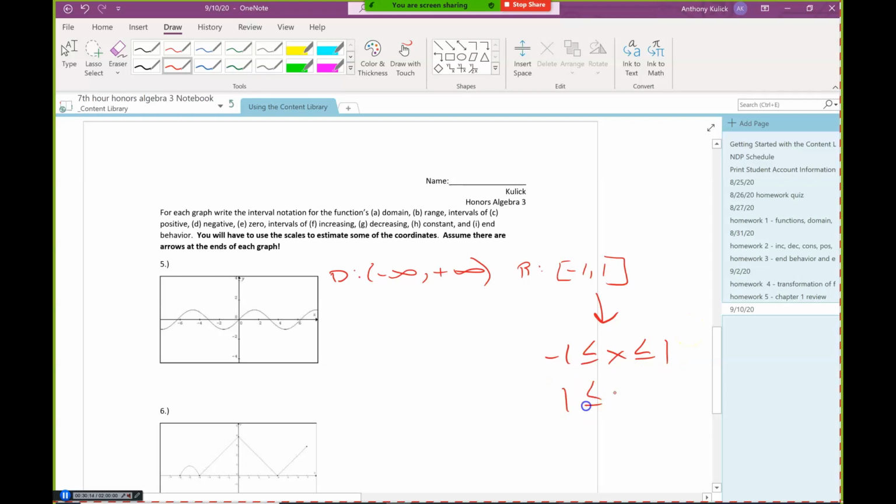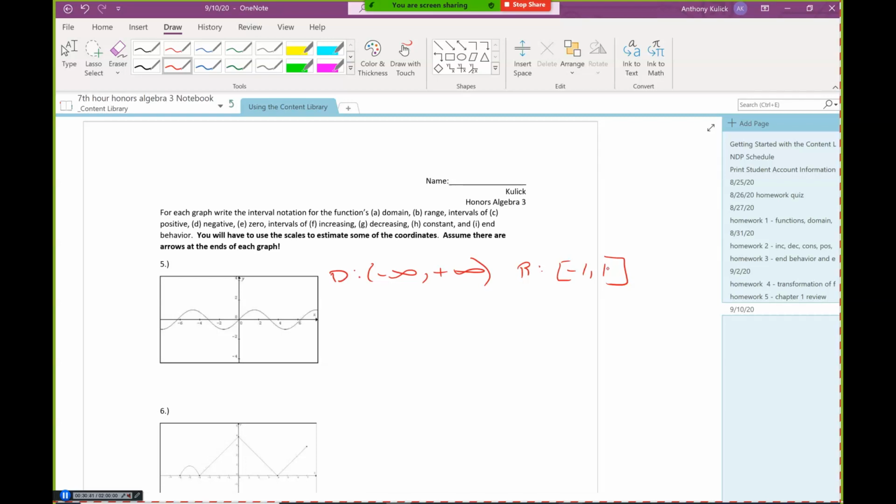If we reversed it, that inequality doesn't make any sense, because there are no numbers that are greater than 1 and less than -1. So that would not be correct if you reverse them. Hopefully it's easy to remember that when you write your interval, the smallest number always comes first.